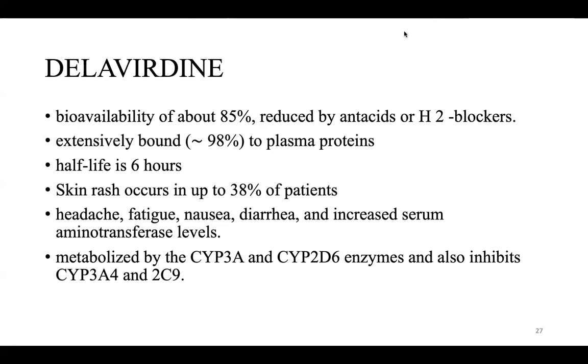Delavirdine is extensively metabolized by the cytochrome 3A and 2D6 enzymes and also inhibits 3A4 and 2C9.